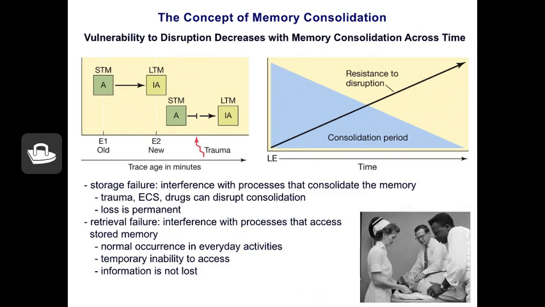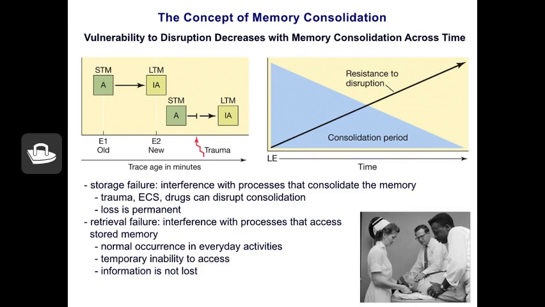Anyway, this kind of impact of electroconvulsive therapy constitutes a storage failure. The encoding of the memory was never consolidated, and the loss is permanent. It appears there's no memory trace that could ever be retrieved.